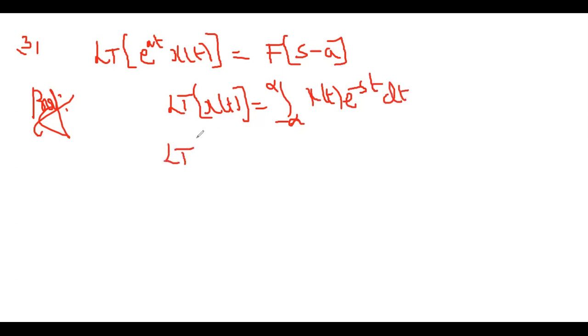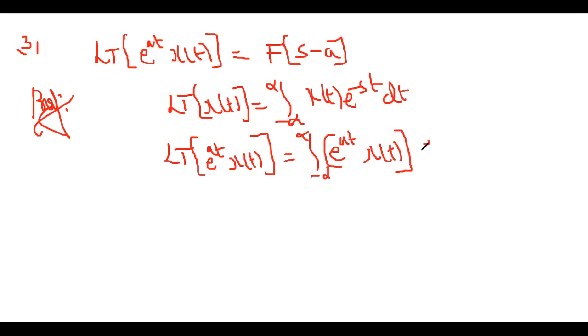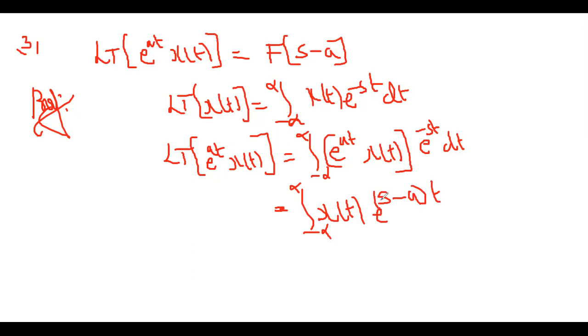Now instead of x of t, I'm taking e power at x of t, which is equal to the integral from minus infinity to infinity, substituting e power at x of t as the signal here, e power minus st dt. That is equal to the integral from minus infinity to infinity of x of t e power, taking the common t value, minus (s minus a) into t dt.